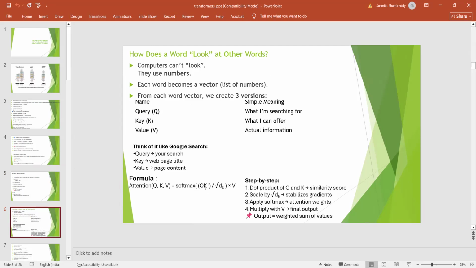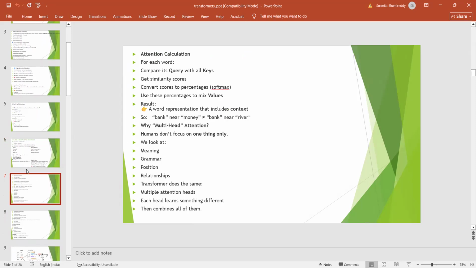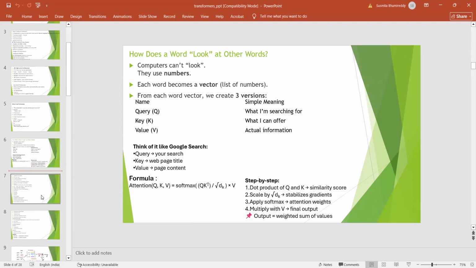So we do the dot product of the query and the key values, then we do the scaling, and then we apply the softmax. Softmax means converting all the scores into percentages, and then we multiply with the value, and we get the final output as attention. So this is the formula to calculate the attention.